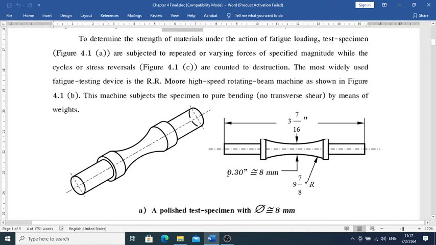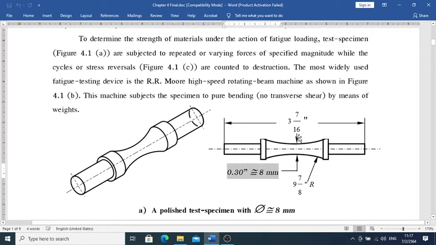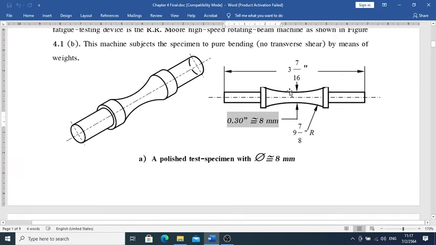These are the keywords I just tried to show you here. We grind the specimen and then polish it, so everything is in a perfect manner. The workpiece has to be a polished test specimen.